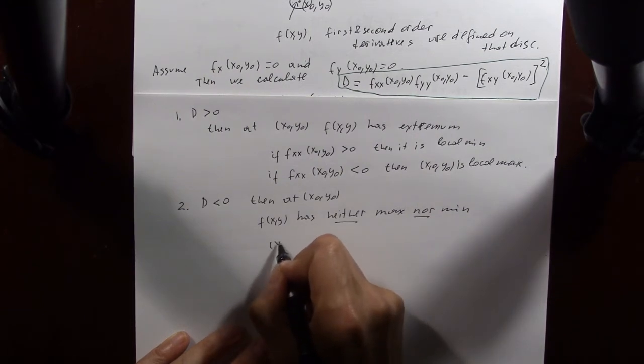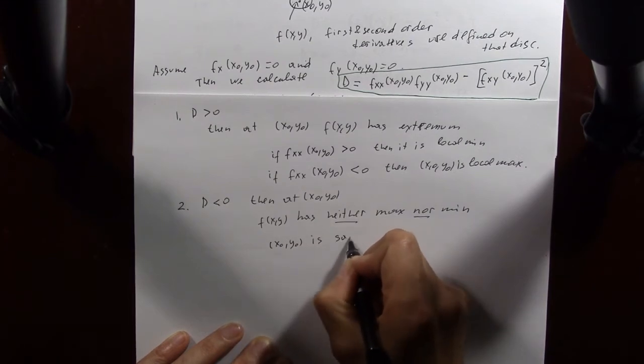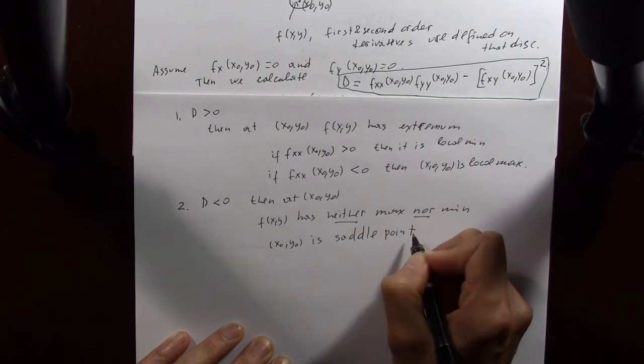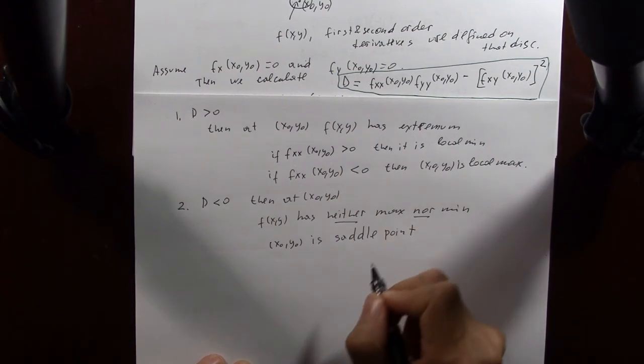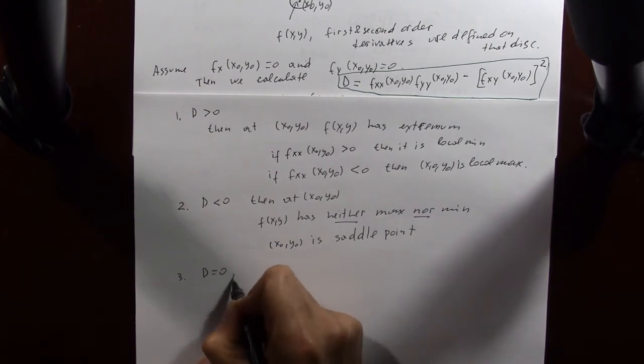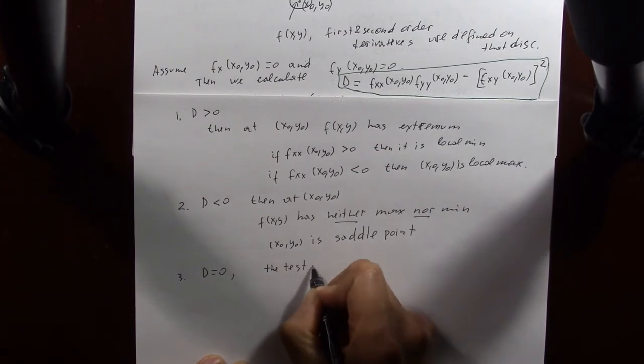So x0, y0 is a so-called saddle point. And the third possibility, if d equals 0, the test is inconclusive.